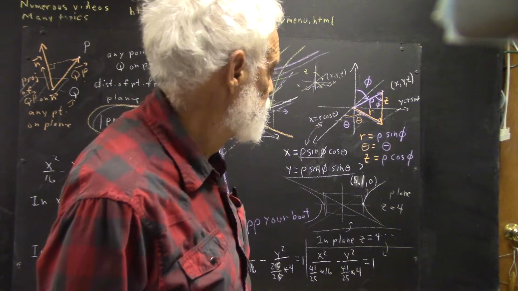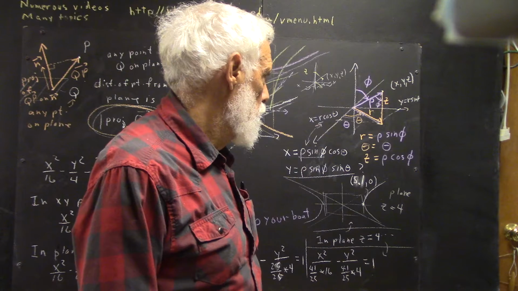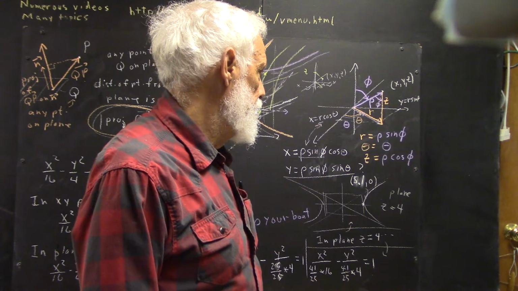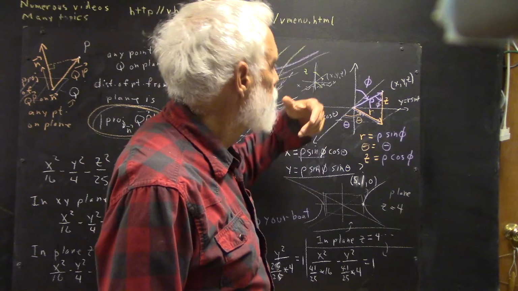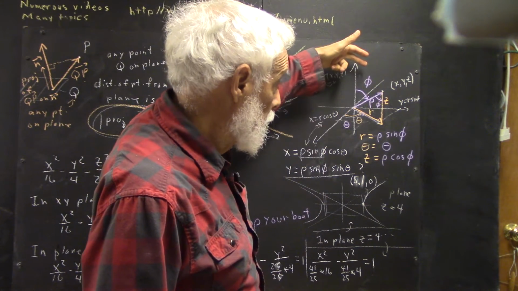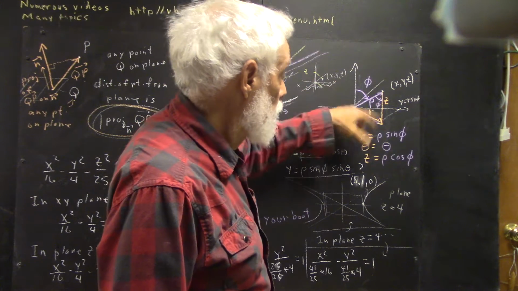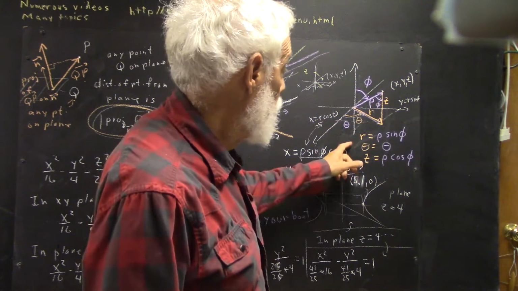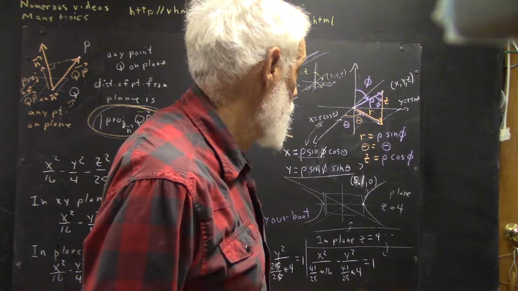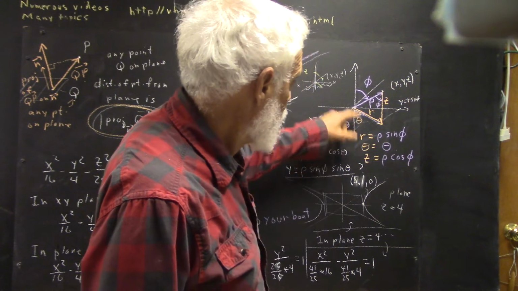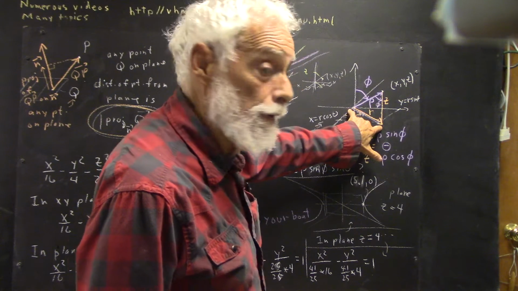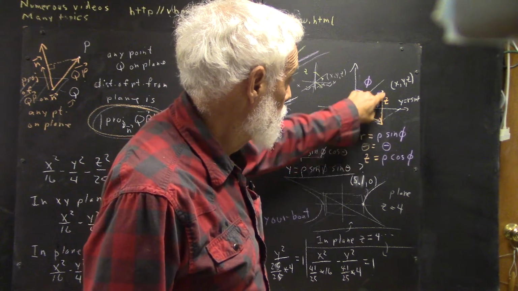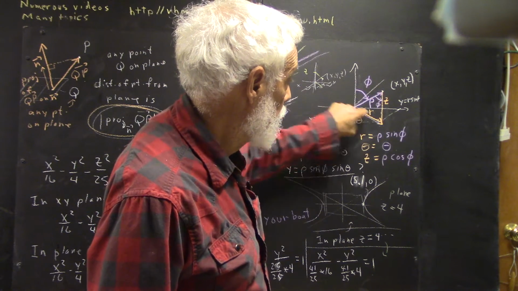Now, let's see how the rho, theta, phi coordinates relate to the cylindrical coordinates r, theta, and z. Well, theta is the same in both systems. What about r? r is the length of this vector, which corresponds to this side of a right triangle that you see right here.